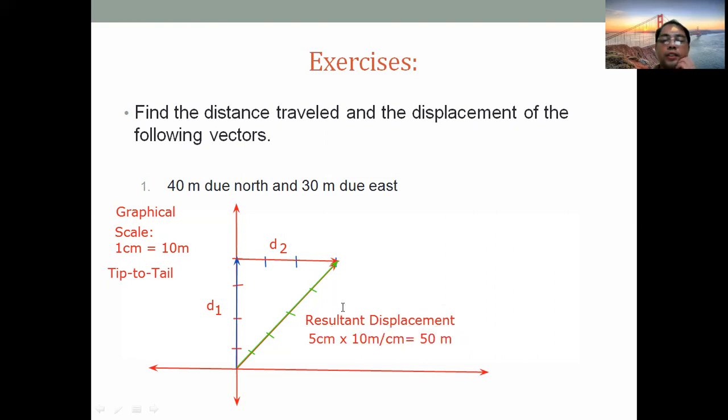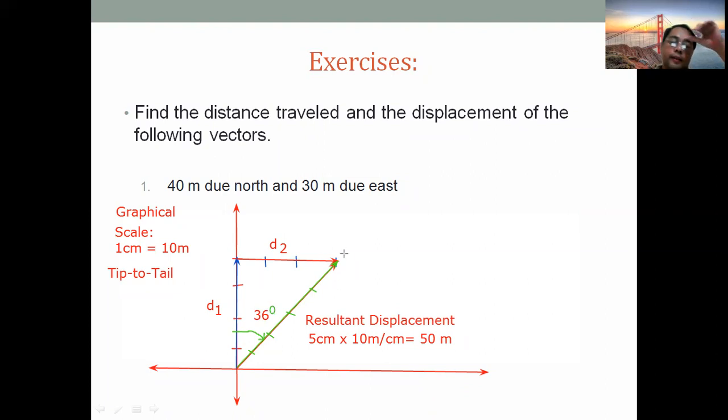So it's important that you scale and measure, and multiply it by the scale equivalent. And the number of degrees is measured from here going to this particular point. Getting your protractor, more or less, that angle will be 36 degrees.